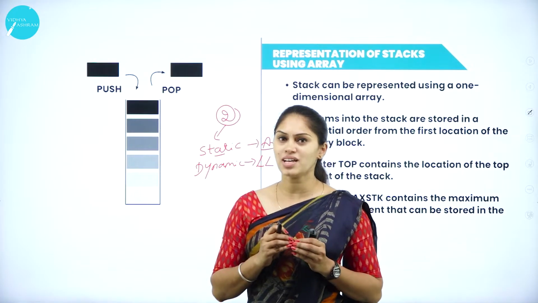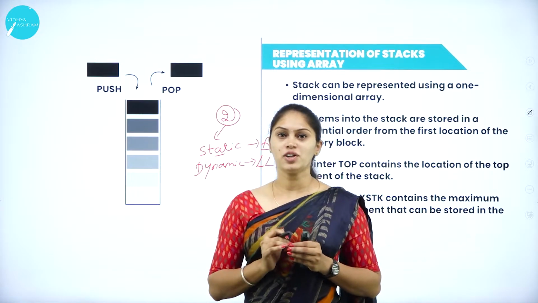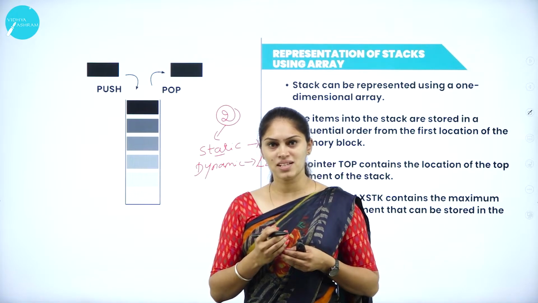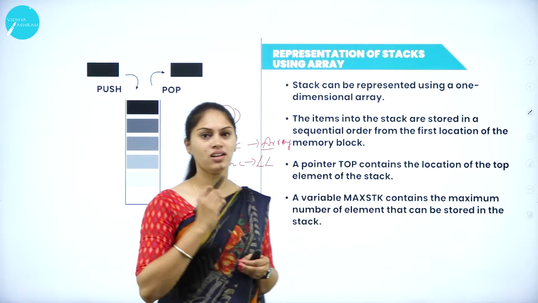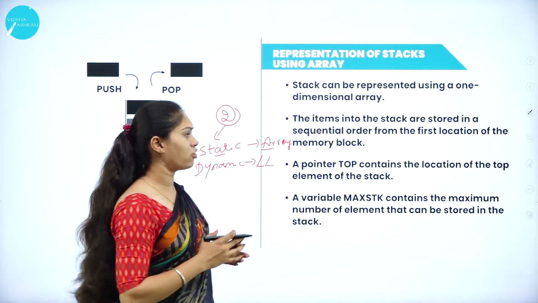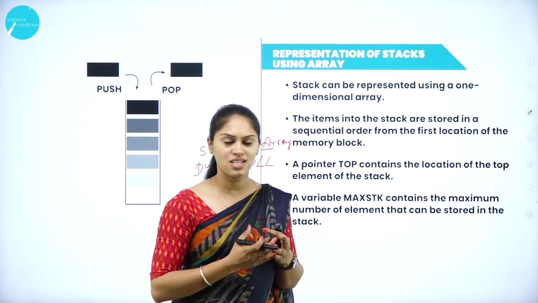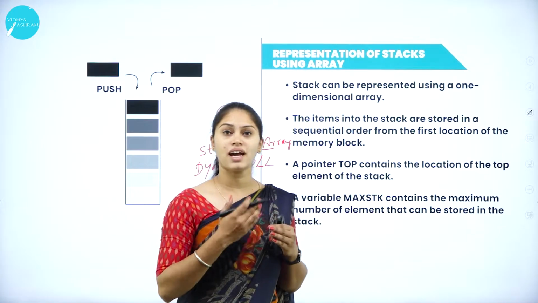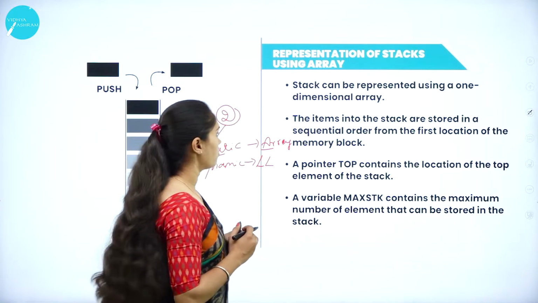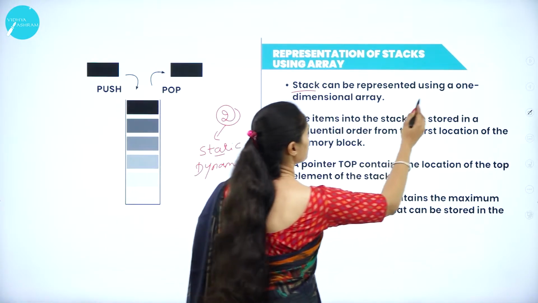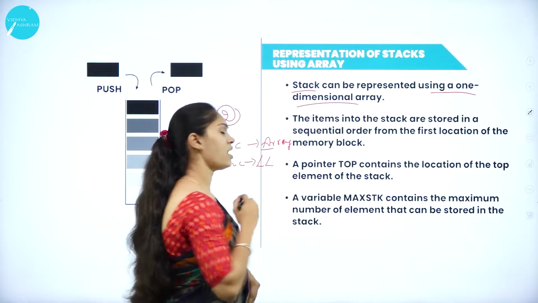So we are going to use the array concept in order to represent the stack in the computer memory. Before that, you have to understand some terminologies. A stack can be represented using a one-dimensional array.